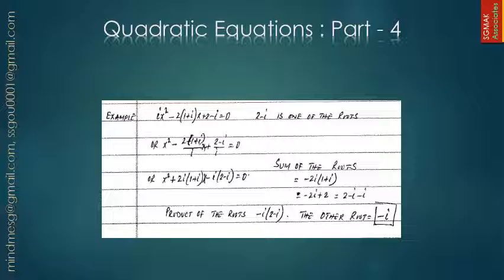So that can be written as 2 minus I minus I. One of the roots is 2 minus I, so the other root has to be minus I. Because that also validates the product of the roots as minus I times 2 minus I.